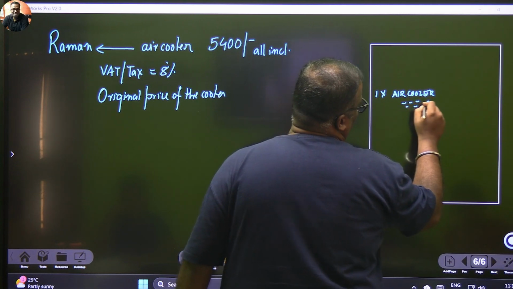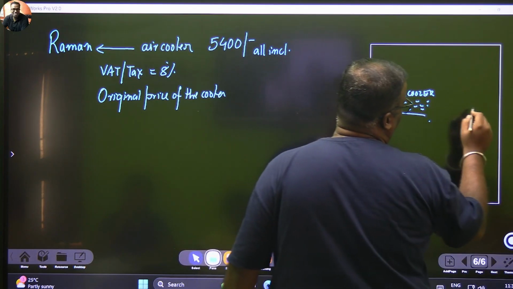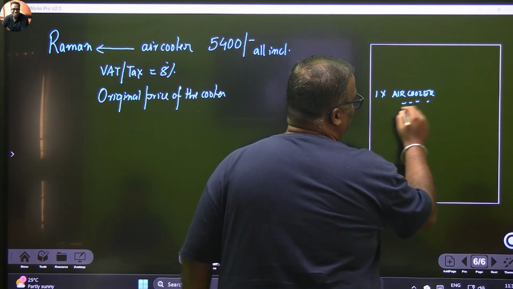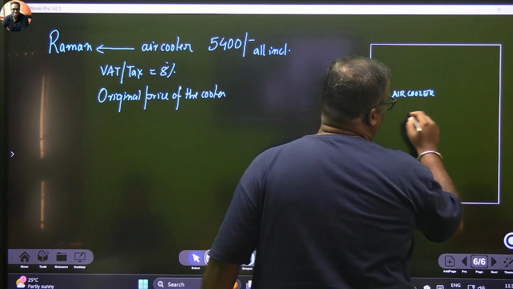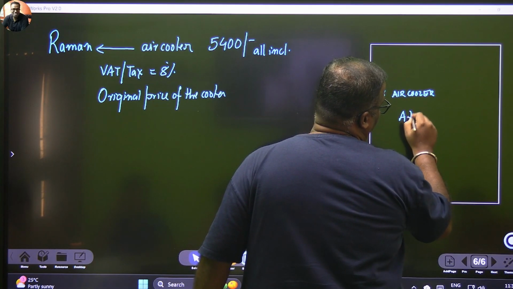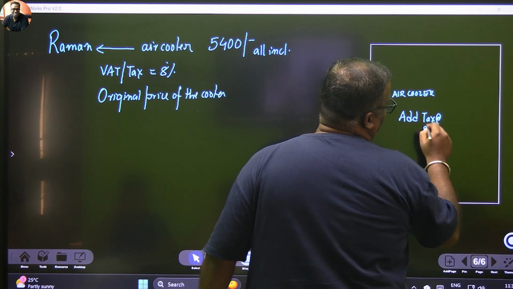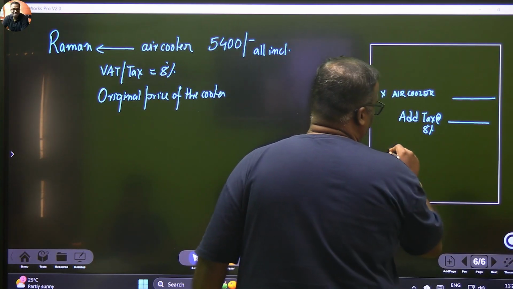So and so make. There is some price of this air cooler. We don't know what is the price. That is what we have been asked to find out. Then further it will write add tax at 8%. So there's some tax part, there's some price, and net payable.